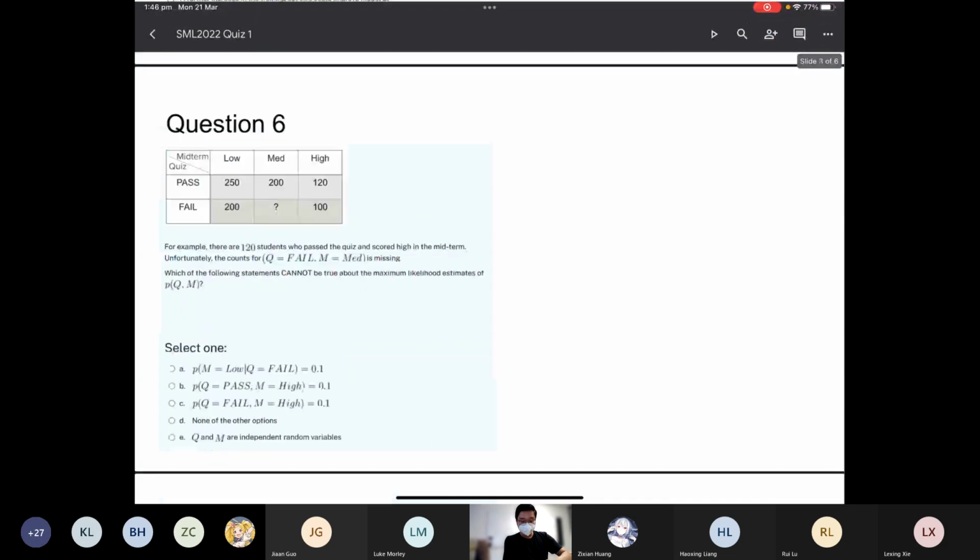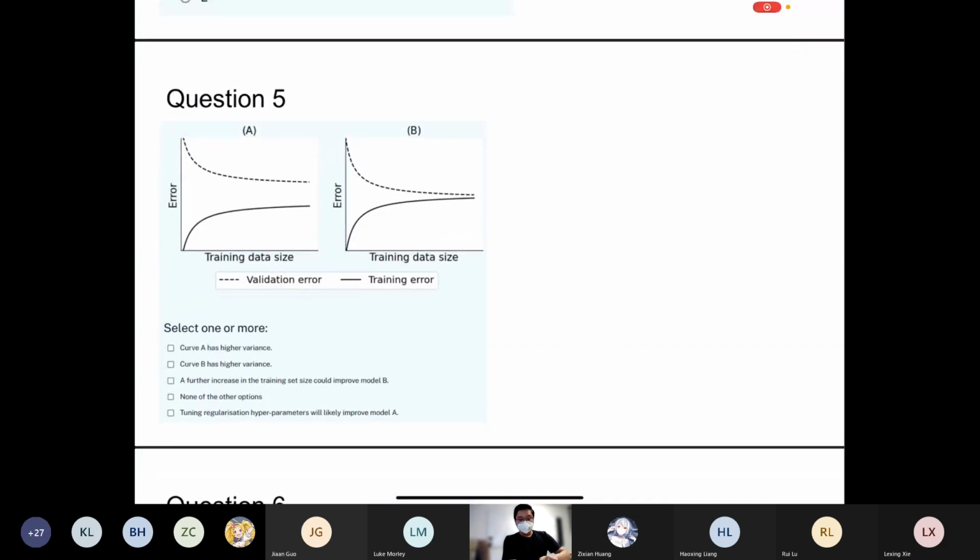Can you go back to question 5? Yep. Yeah, here. Why is this particular option not correct? So a further increase in the training set could improve model B. So in this case, the training error and the validation error are already very close to each other.